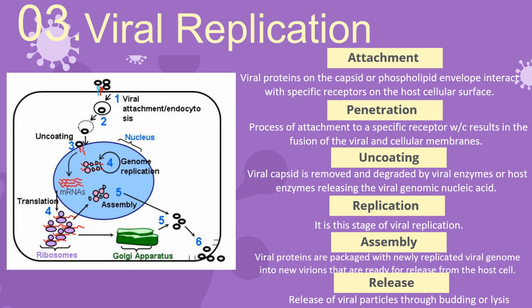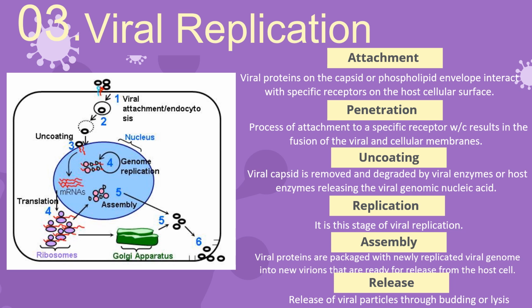And then eventually, the second step is the process of attachment to a specific receptor that can induce conformational changes in the viral capsid protein or in the lipid envelope that results in fusion of viral and cellular membranes. So some DNA viruses can also enter the host cell through receptor-mediated endocytosis. And then the third step is the uncoating.